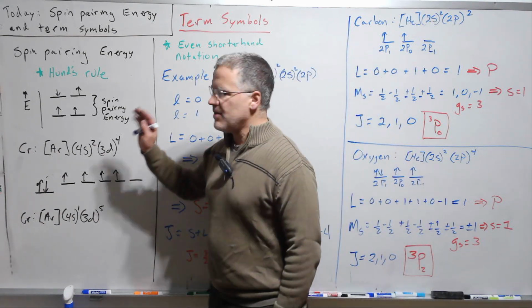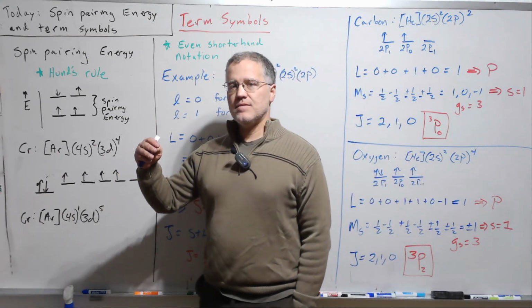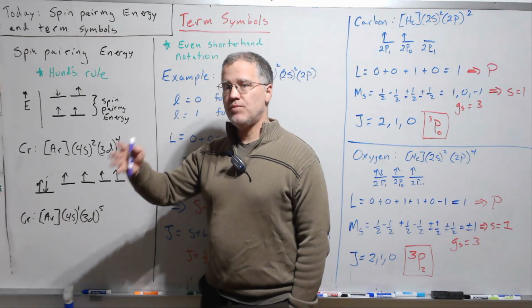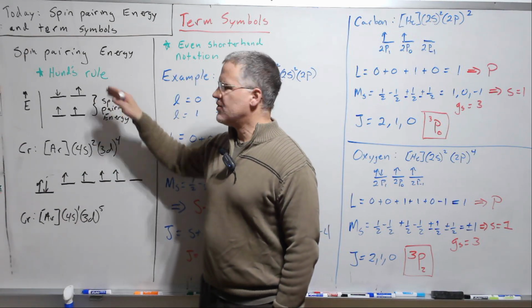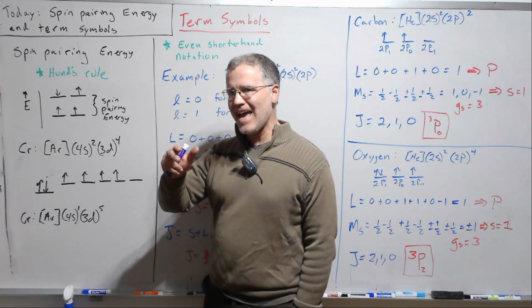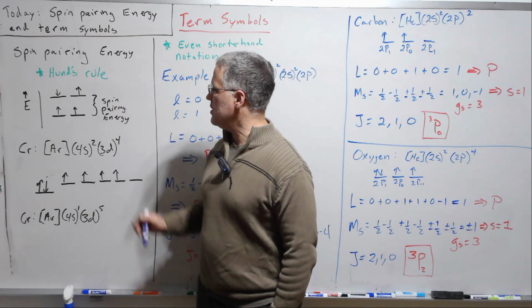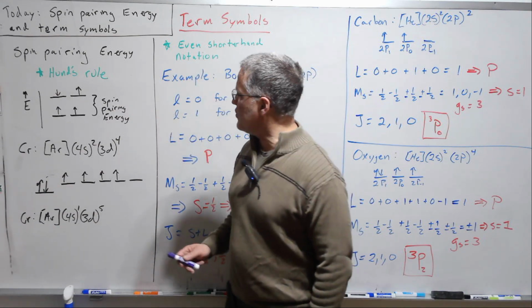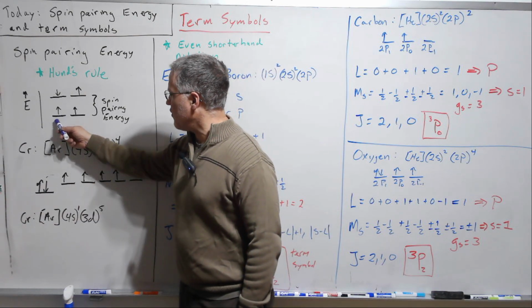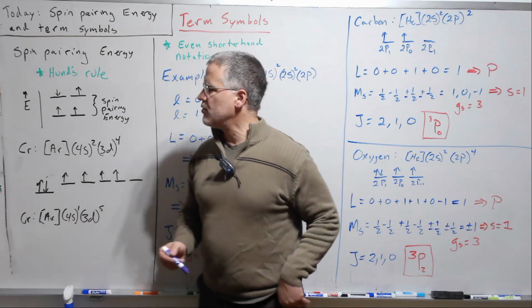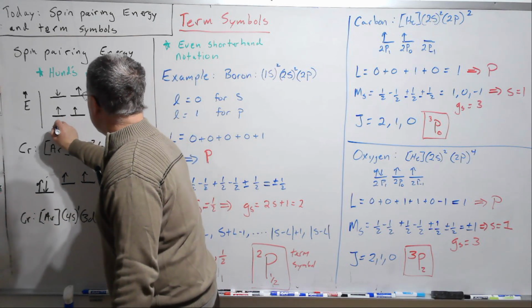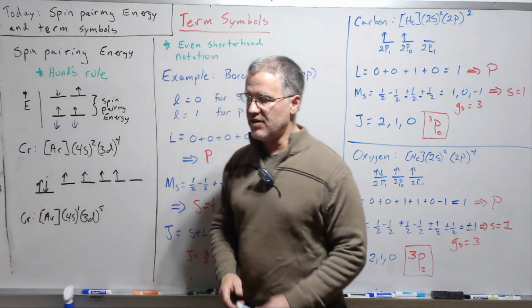Now, we've talked about the Aufbau principle, Pauli exclusion principle, and then this sort of secondary principle that can be broken, Hund's rule. And what Hund's rule says is that the electrons prefer to have their spins aligned. So we could go both spin up or both spin down, that's fine.